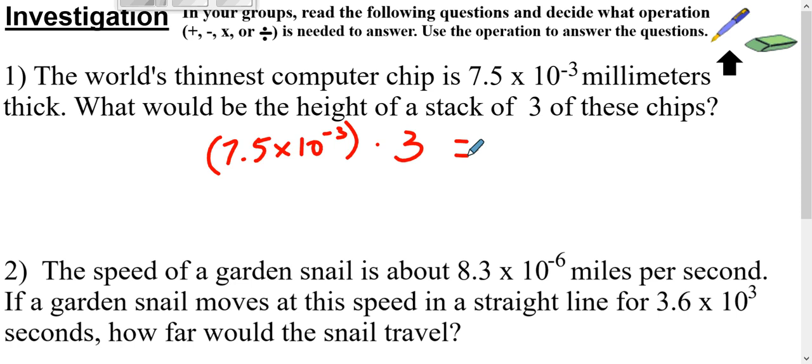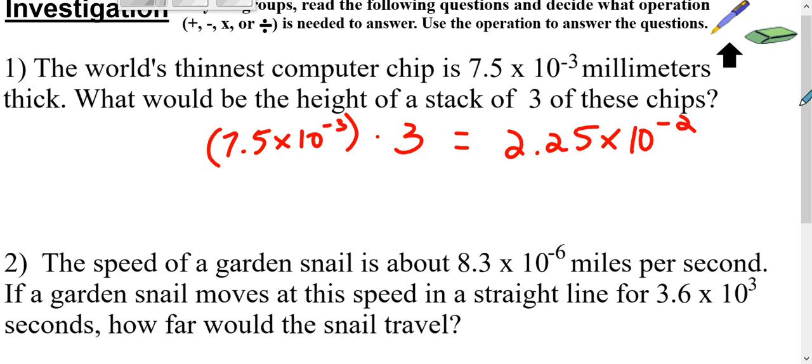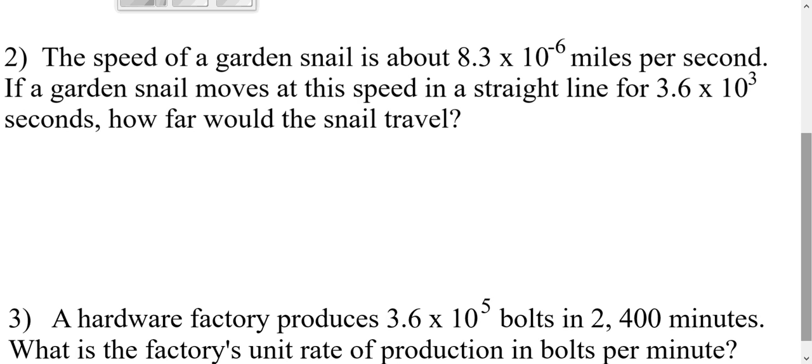So I'm going to use my calculator, 7.5 times 10 to the negative third times 3, and it's 2.25 times 10 to the negative second. Sometimes it helps if you just turn it into easier numbers. So instead of 7.5 times 10 to the negative third, just say 7.5 millimeters. And then it's like, okay, 7.5 times 3. That's how I would do it. Don't worry about the scientific part.